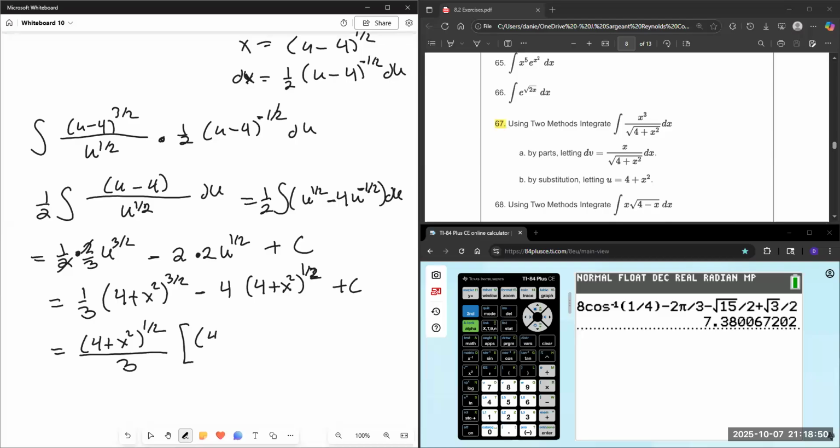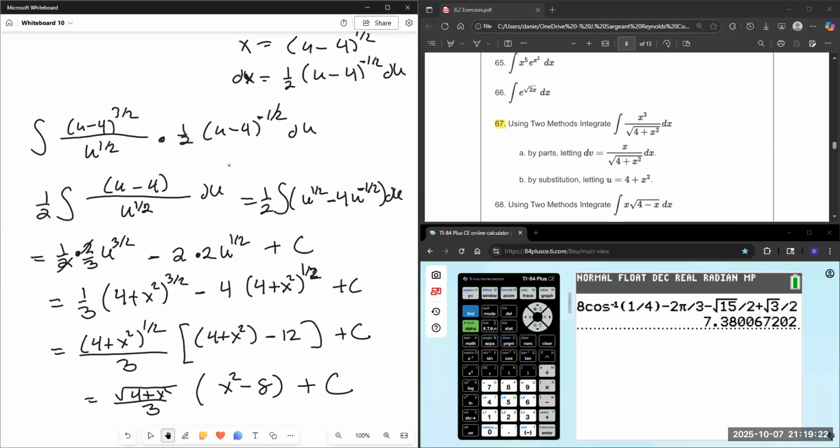And this will be 4 plus x squared to the first minus 12 plus c, which is square root of 4 plus x squared over 3 times x squared minus 8 plus c, and we get the same answer both ways. All right.